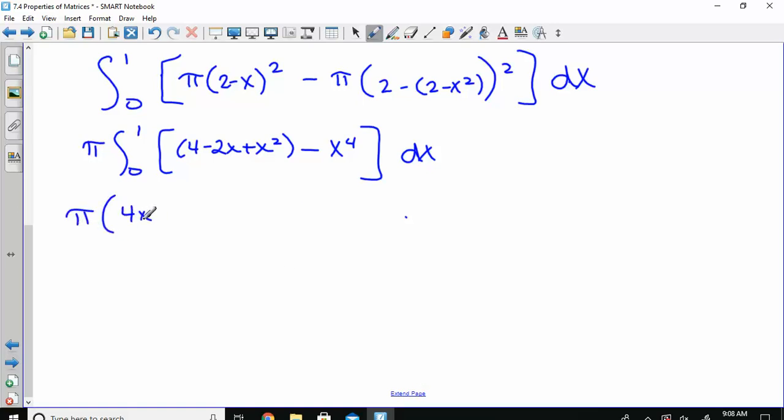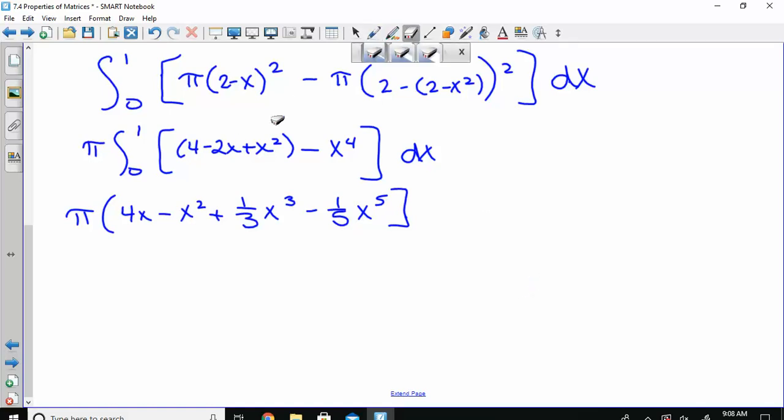So we get 4x minus the antiderivative, which would be 2x squared, plus 1/3 x cubed minus 1/5 x to the 5th. Oh, when I FOIL, yep, that should be minus 4x right there. So the antiderivative, that would be a 2x squared. Thank you.